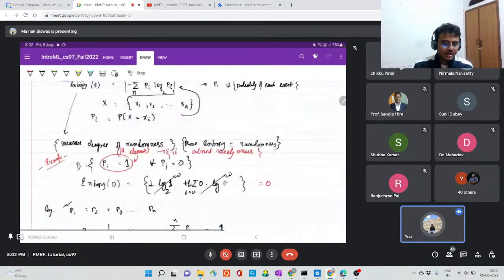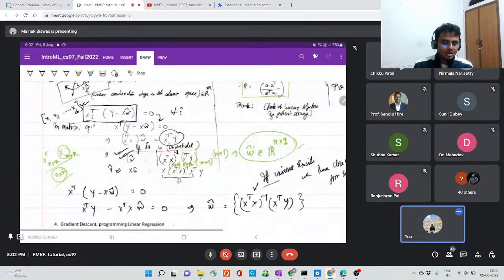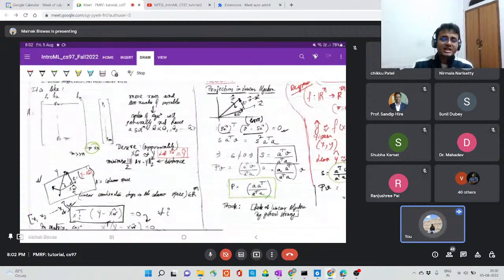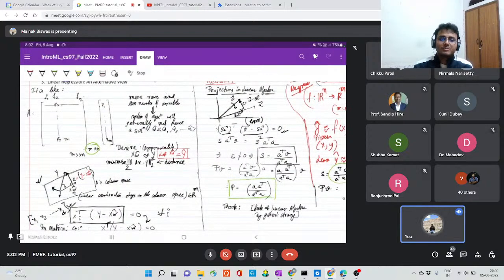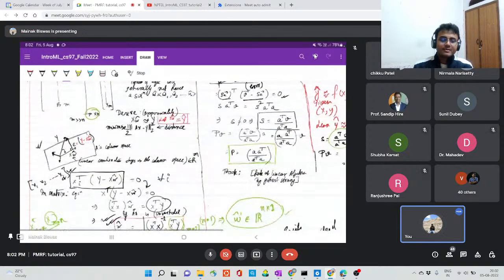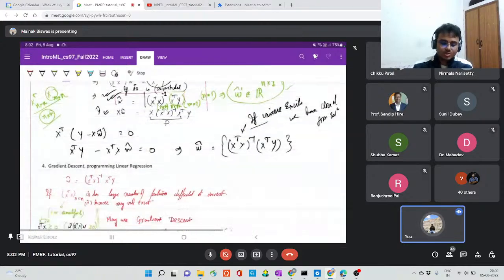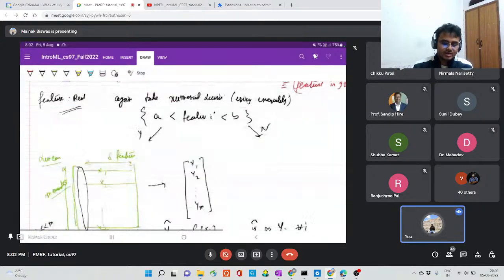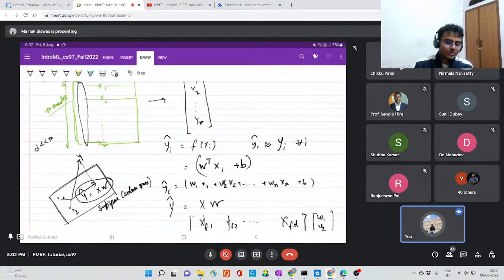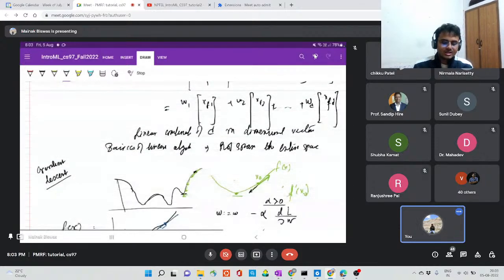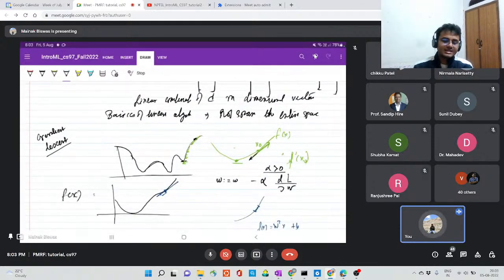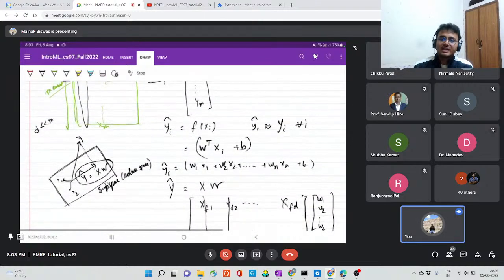I think we went through this example of how we project a vector onto the space to get the weights of the vectors. I've shown it here. Since y is out of this space, we want to place it into the space. You were asking how gradient descent is related.